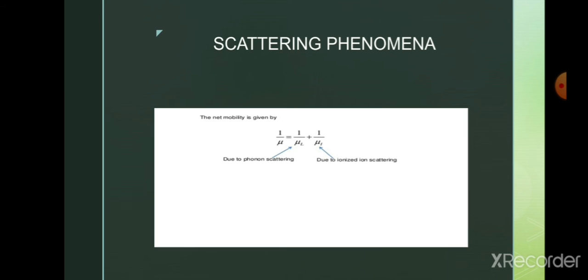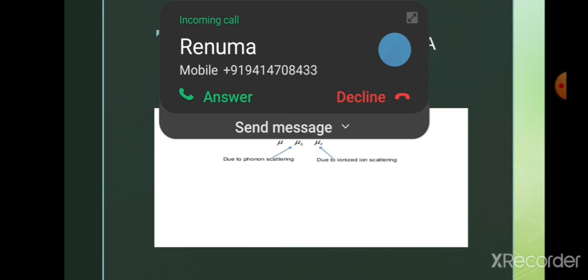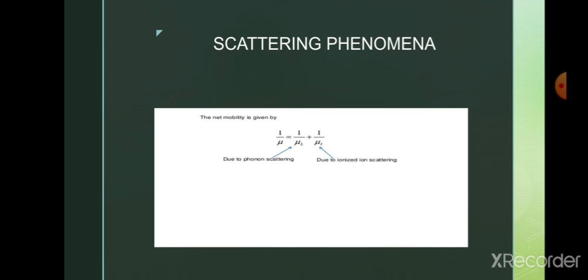These vibrations disturb the lattice periodic potential and allow energy to be transferred between the carriers and the lattice. Since lattice vibrations increase with increasing temperature, lattice scattering becomes dominant at high temperature.